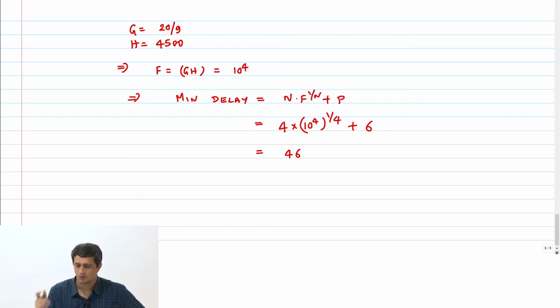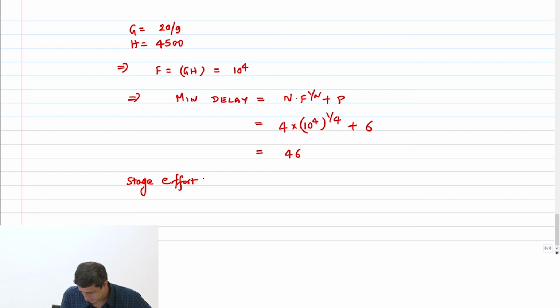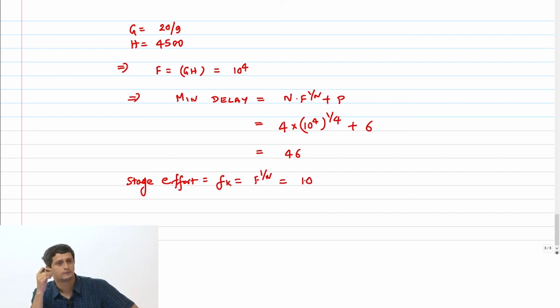Okay. Now, what is the stage effort, by the way, for this circuit? Equal to f power 1 by n. What is this? You get a stage effort of 10. Okay.